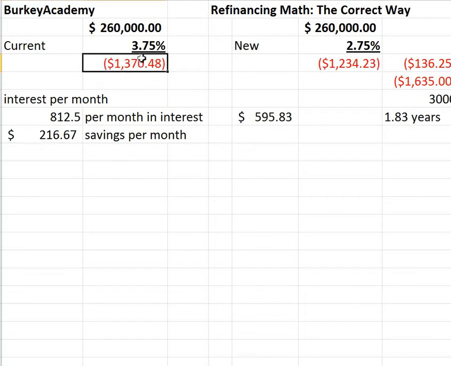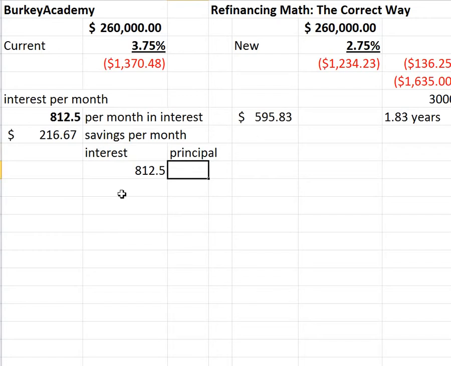When you look at this amount that you're paying, $1,370.48 a month, let's break that payment down into the two parts. How much is going to pay principal and how much is going to pay interest? Well, the $1,370, remember, is our payment. This is the amount we pay in interest every month currently. Let's look at the difference. So part of it is interest. Let's just split it out. $812.50. That's the interest. And this is the amount that goes to pay principal.